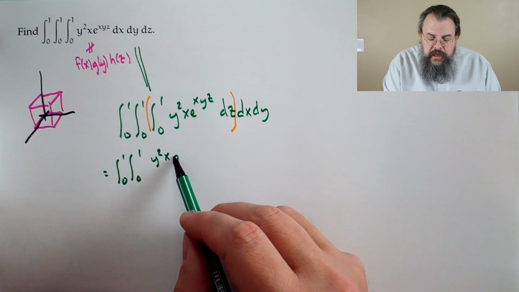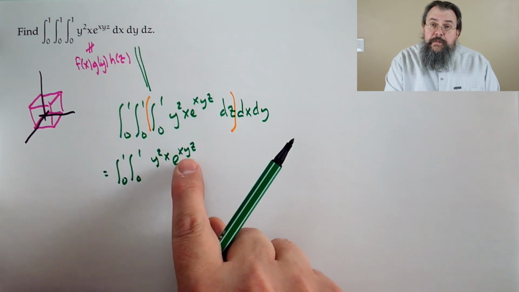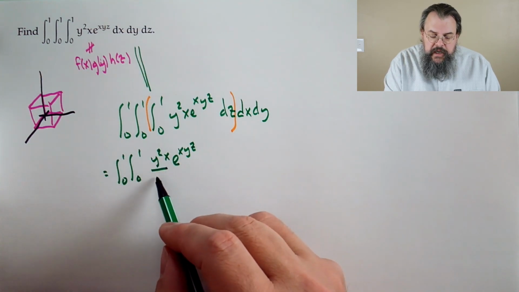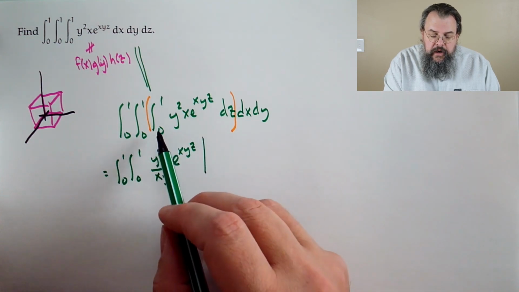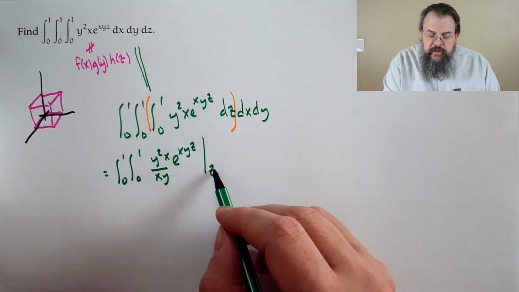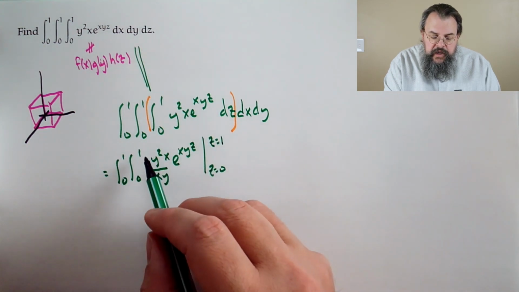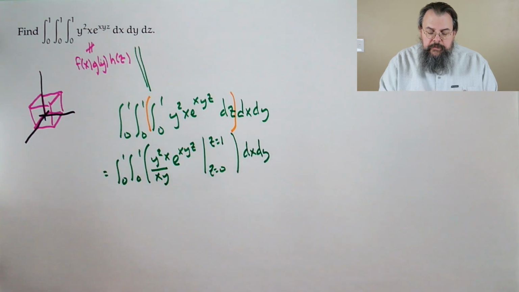Then we're going to have e to the xyz, but we have to divide by this extra constant in front of the z. So we're going to divide by x times y, and then evaluate our bounds, z equals 0 up to z equals 1. Okay, so that's our first layer.